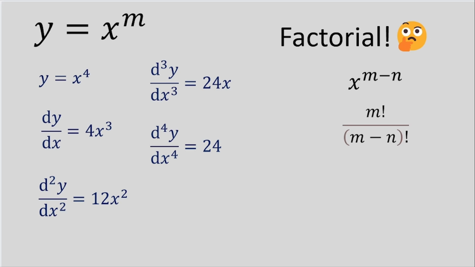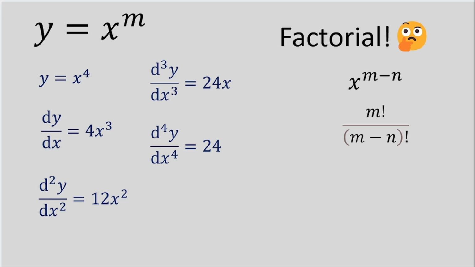So m is simply 4. Let's test it on the second derivative. We get 4 factorial in the upper part and 2 factorial in the lower part. 4 factorial divided by 2 factorial is simply 12.